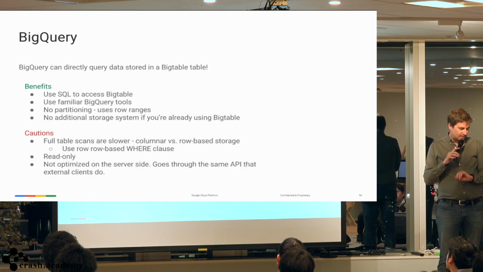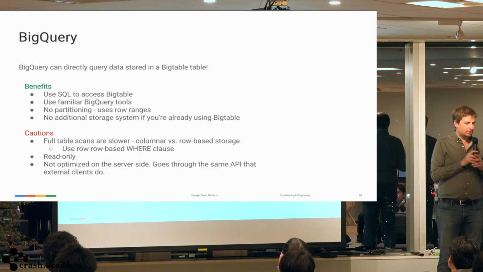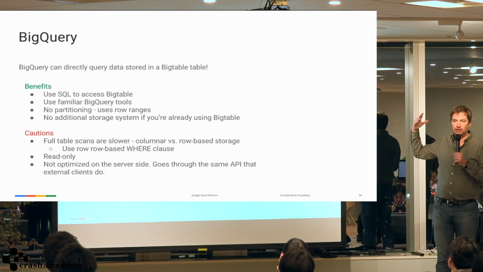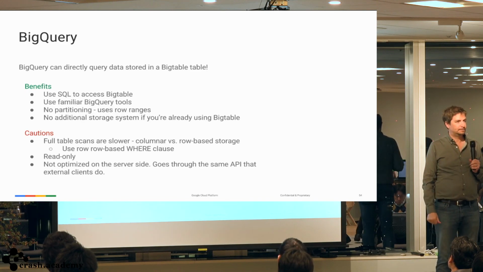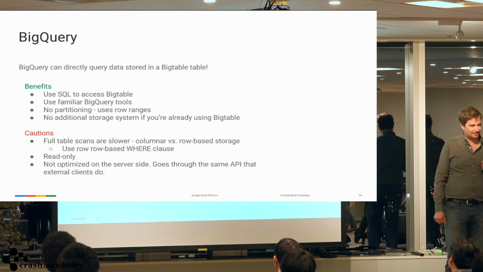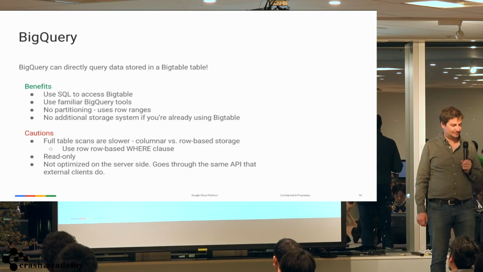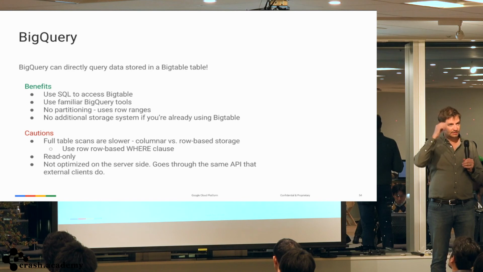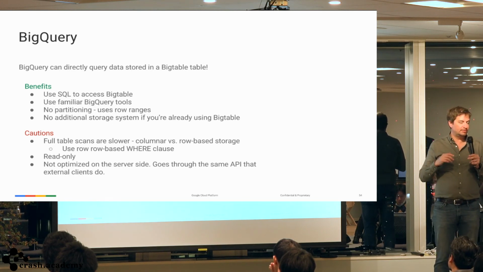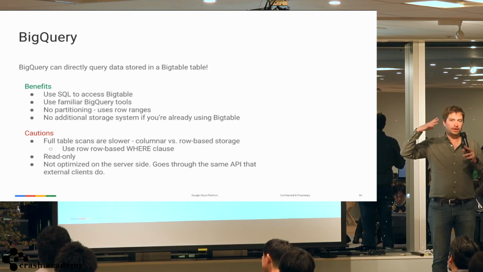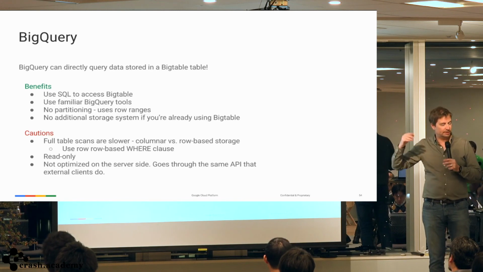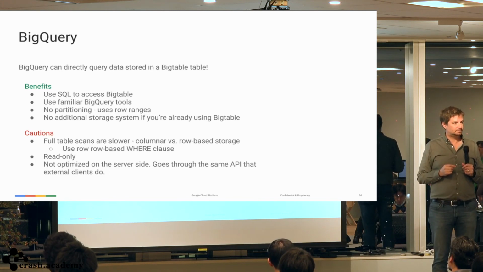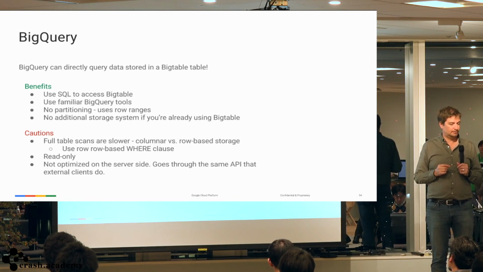BigQuery can talk to your Bigtable if you define a schema, through federated queries that scan the Bigtable data. It is much slower than using BigQuery against data stored natively in BigQuery.